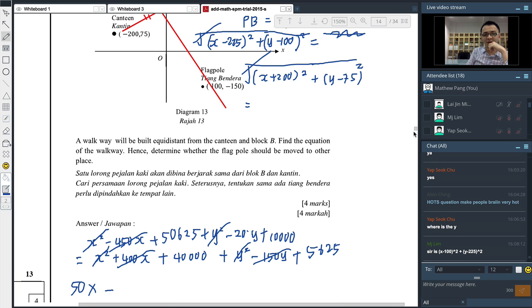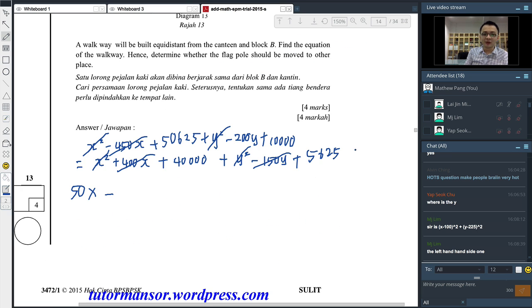Am I doing something wrong here? 400x, this y squared minus 150y plus this one. Oh, this is 200y, isn't it? Not 20y. The left hand side one. So for this one, you have 200y and negative 150y, so you get minus 50y.